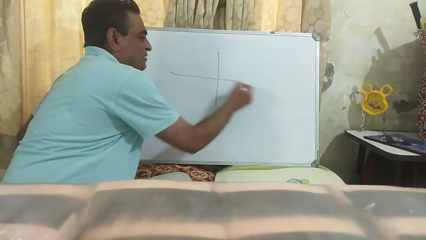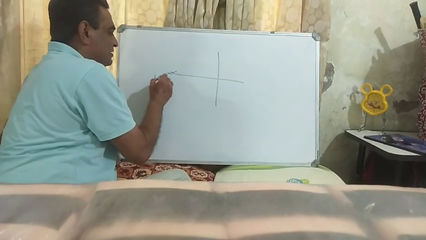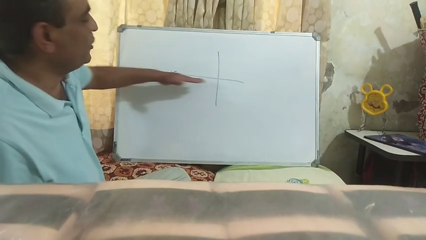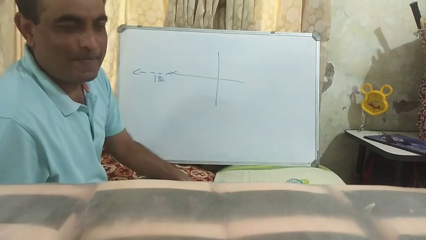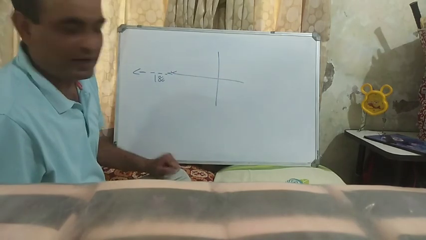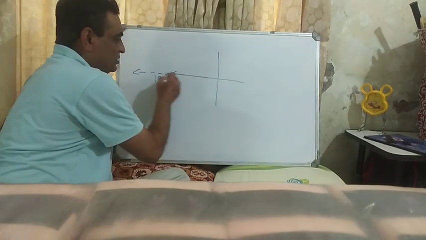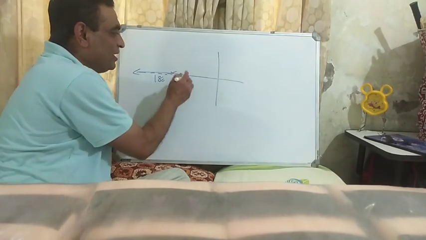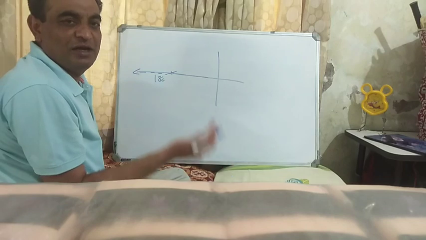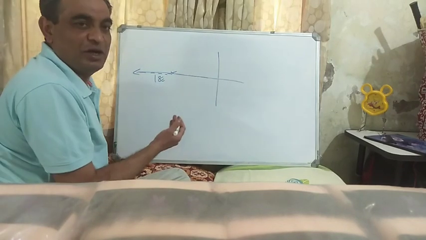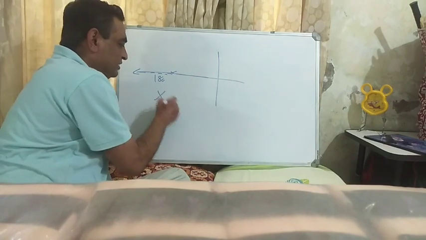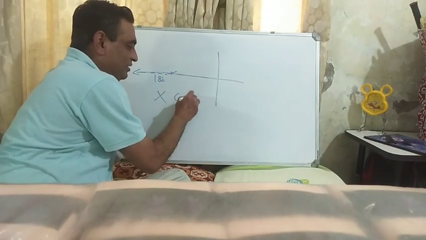Now, since the angle of asymptotes is 180 degree, there is no point in finding the centroid, because this is the asymptote, it will be on the real axis only. So the negative real axis itself is the asymptote.